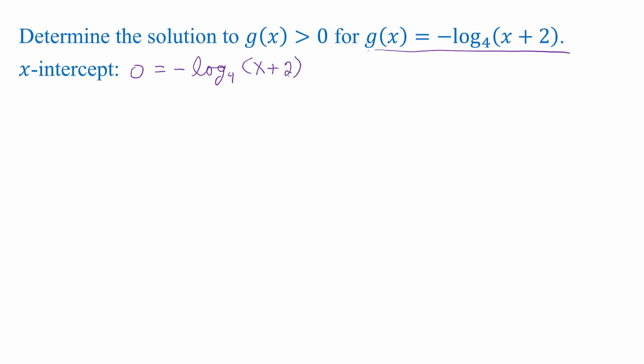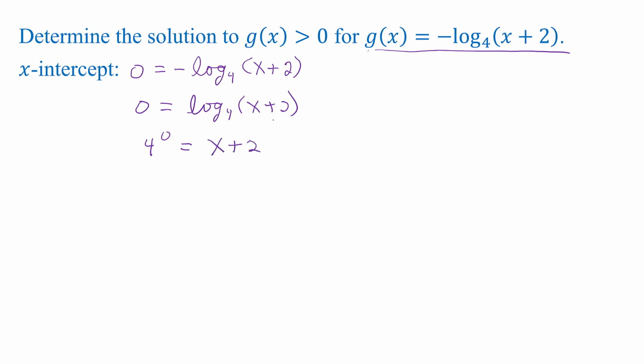I can multiply each side of this equation by negative 1. Well, negative 1 times 0 is 0. We have 0 equals log to the base 4 of (x plus 2). Okay, and the next thing I want to do then is change into exponential form, which would be 4 raised to the 0 equals x plus 2.